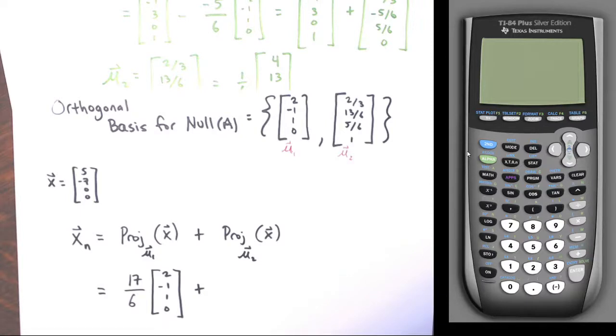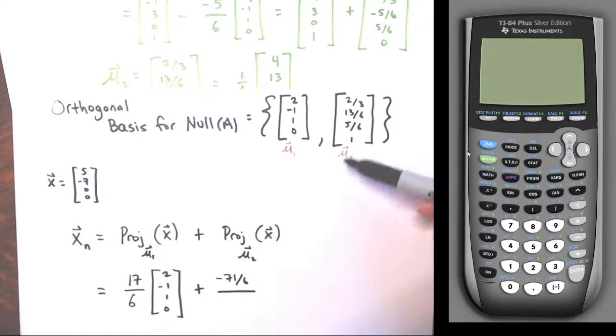So 10 thirds, which is 20 sixths, minus 91 sixths, would be negative 71 sixths for the numerator, divided by the dot product of u2 with itself.